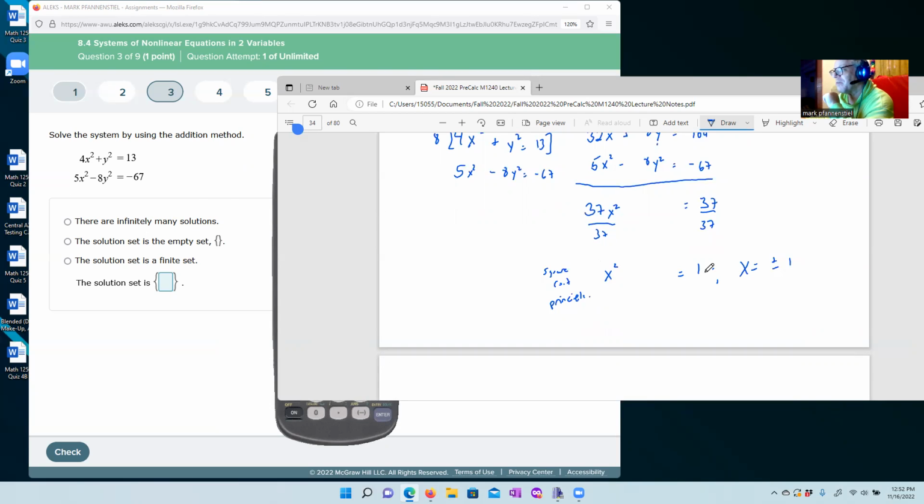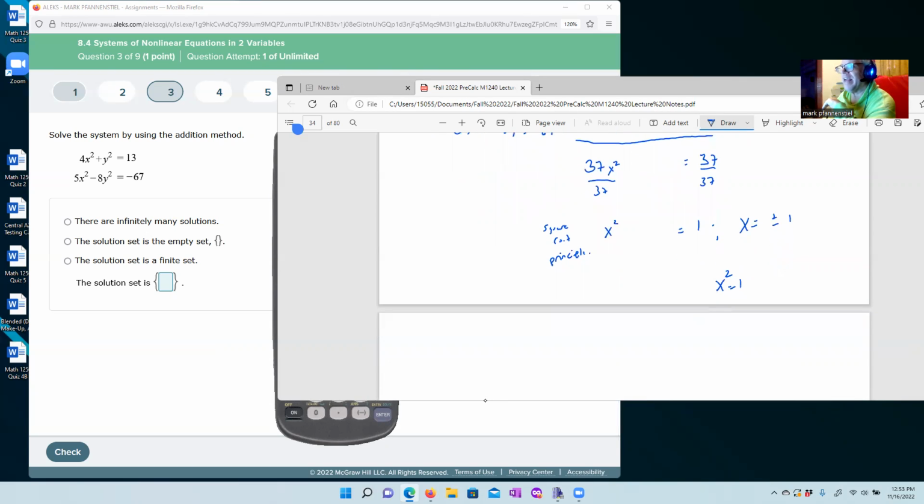If there was a linear term, just an x in there, I would need to test both plus and minus 1. But since x squared is equal to 1 regardless, we can replace the x squared with 1 and solve from there.